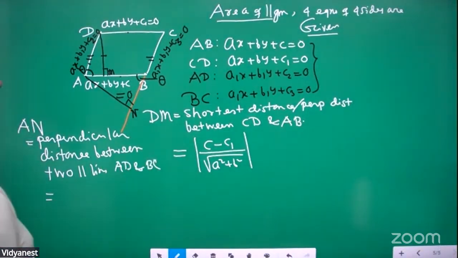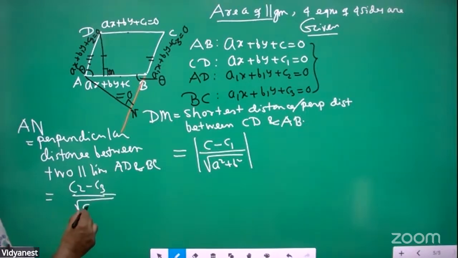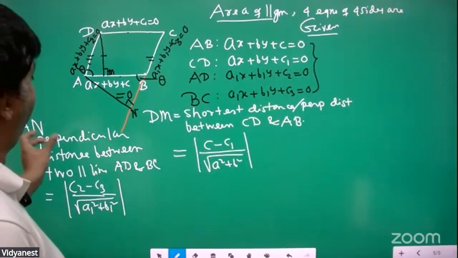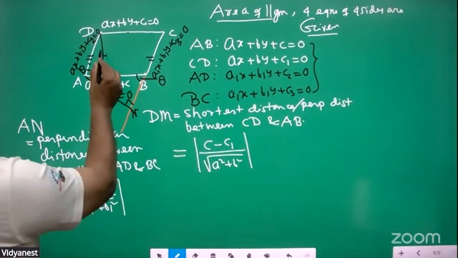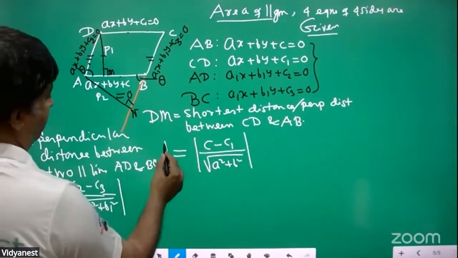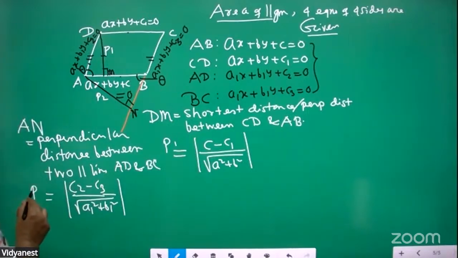That means the difference between the constant terms divided by this. So this is N, this is DM. I am letting this be P1, this be P2. P1, P2. Okay.